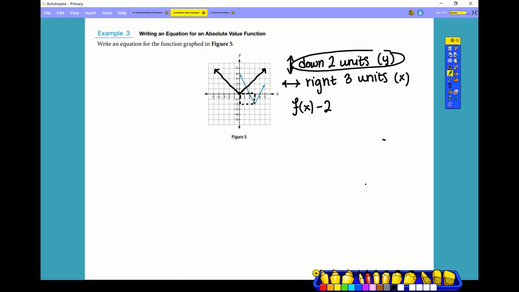And that's because it goes down 2 units. And then I also know that it's going to go right 3 units. So since it's the opposite sign and I'm moving it in the positive direction, it will be negative 3 minus 2.